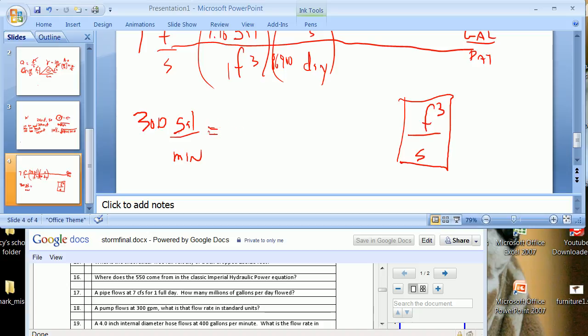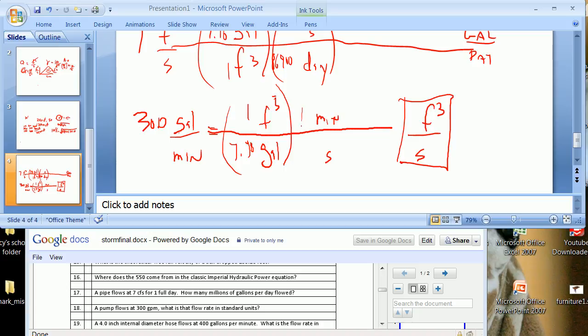So for gallons per minute, you put the gallons on the bottom, put the cubic feet on the top: 1 cubic foot, 7.48. And you want to go from minutes to seconds. You put the minutes there, you put the seconds there, you make that 1 minute and 60 seconds, and you multiply out.